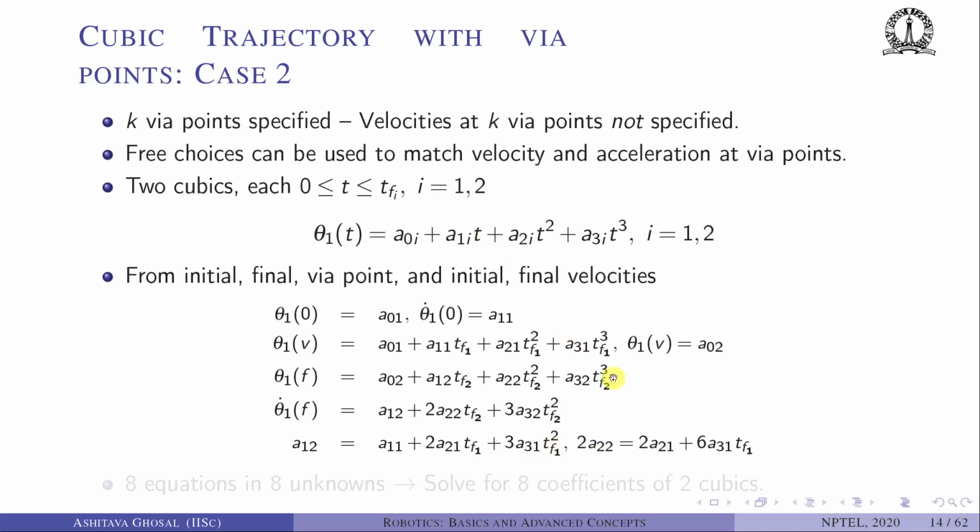Likewise, we take the second derivative: 2a22 will be equal to 2a21 plus 6a31 tf1. So acceleration at the end of the first segment should be equal to the acceleration at the beginning of the second segment. So now you can see that there are 8 equations in 8 unknowns which we can solve and obtain all the 8 coefficients of the 2 parts of the cubic.